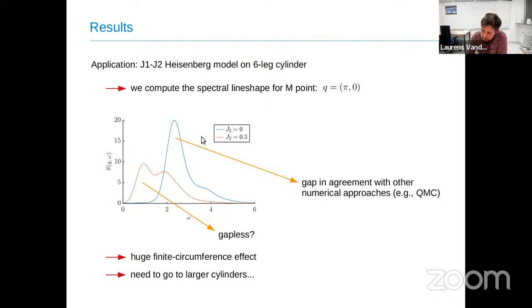But then if you look at J2 of 0.5, which is supposed to be in a spin liquid phase, you see that the spectral line shape has shifted away significantly to lower frequencies, but it still shows quite a big gap. Actually, it's of the order 1 still.